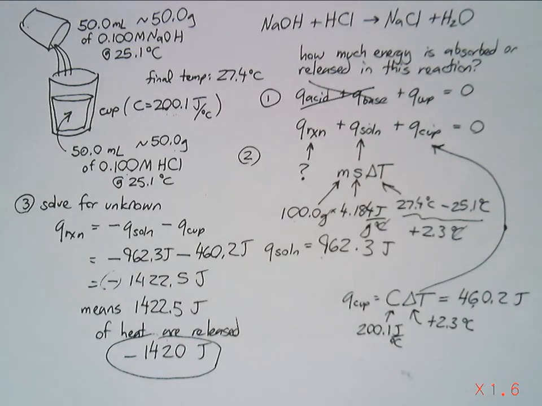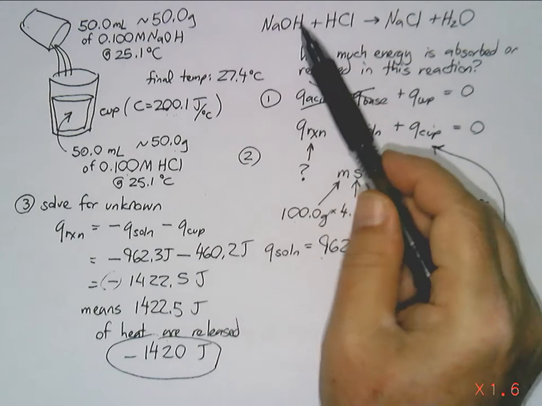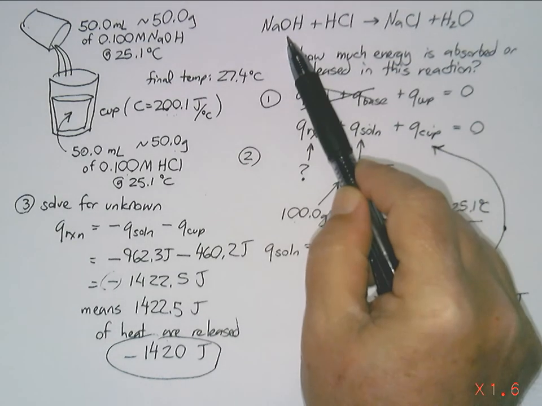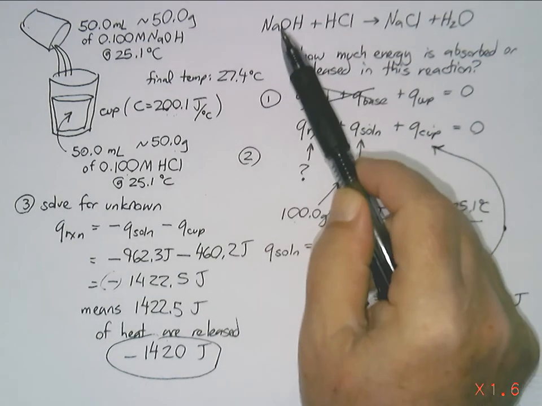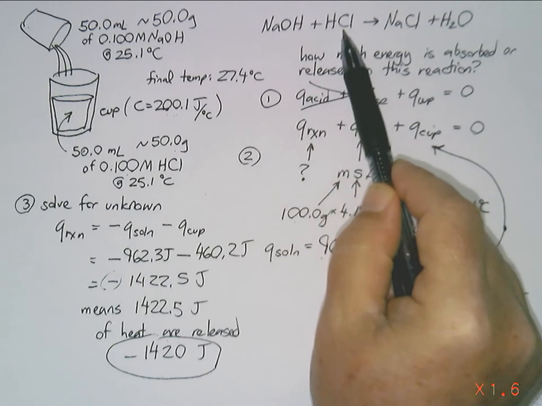It would be nice if I had some sort of concentration independent way of reporting how much heat a reaction absorbs or releases. And that's what we're going to look at next. It's called the enthalpy of reaction, and it is the amount of heat that this reaction would have produced if I had 1 mole of this reacting with 1 mole of that.